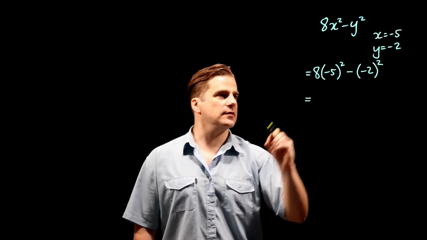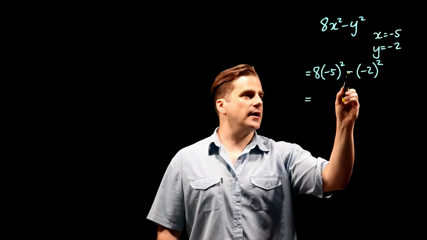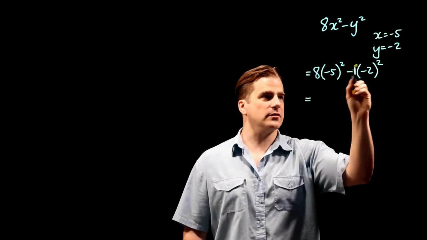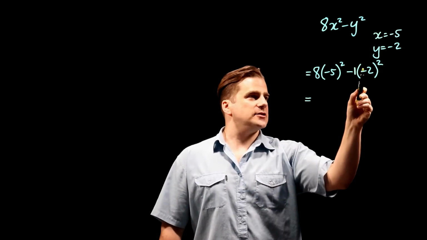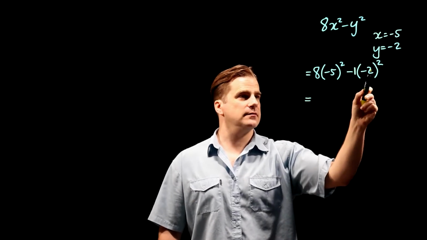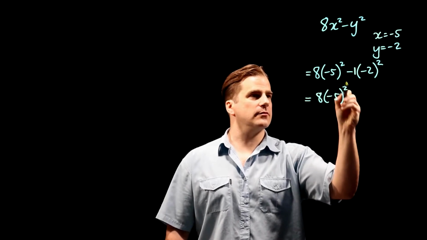And that equals, okay, again a minus and a bracket, so there's an invisible 1 there. It's minus 1 times that. So that's a multiplication, and in BIDMAS the index beats multiplication. So let's not worry about that yet.